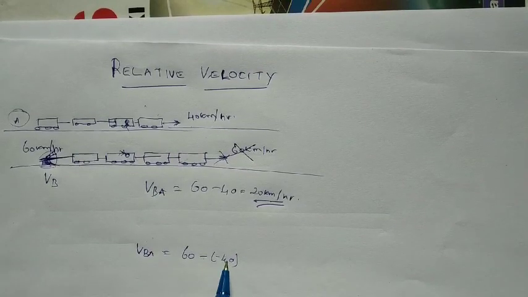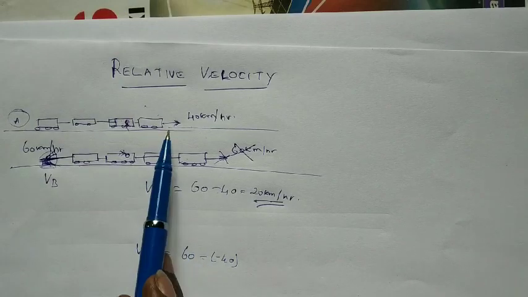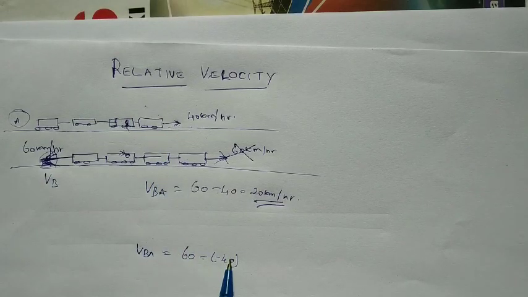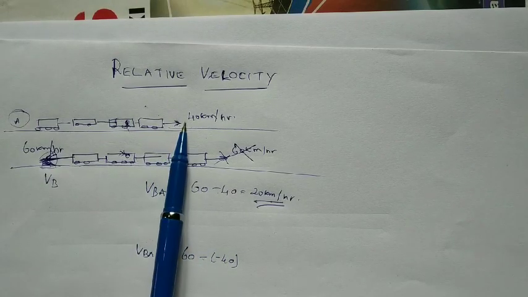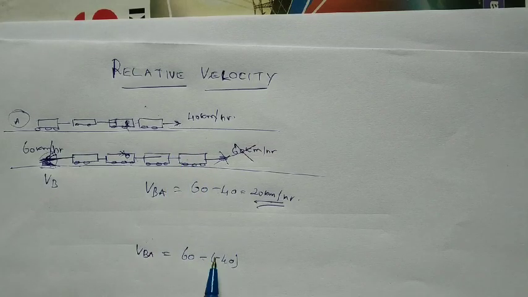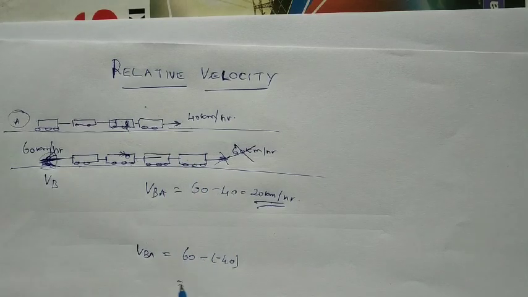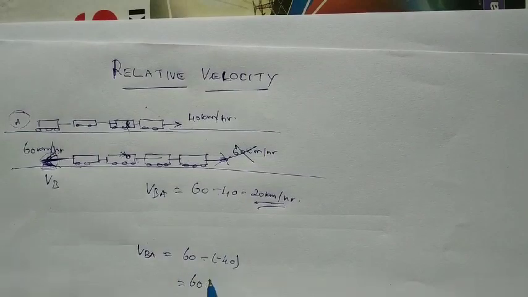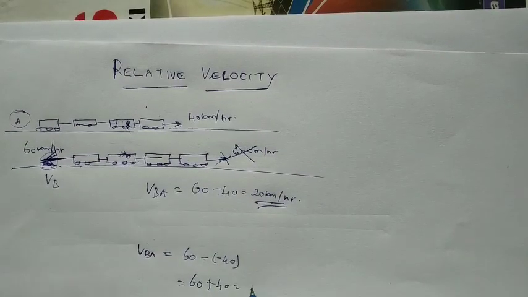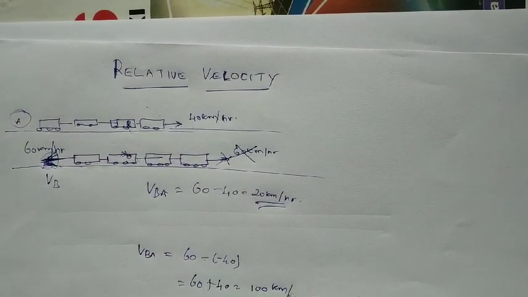Why is it minus of minus 40? Because you should put the minus sign. Your train is in the opposite direction to the other train. Your train is going at 40 in the opposite direction. This train is going in this direction. So minus of minus 40 becomes 60 plus 40, which is equal to 100 kilometers per hour.